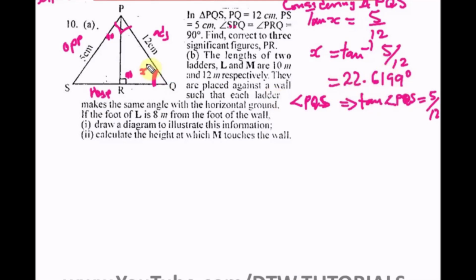Okay, so we've gotten this angle X as 22.6199 degrees. So it is now easy for us to get our side PR, since we have this side here. So you now say considering triangle PRQ.